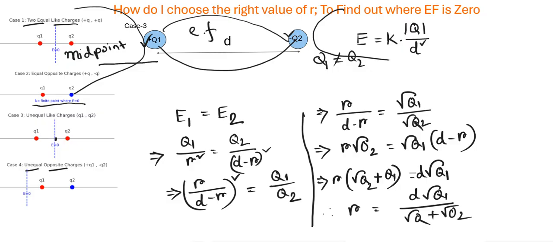So let's say here, at distance R from Q1, the net electric field will be 0.